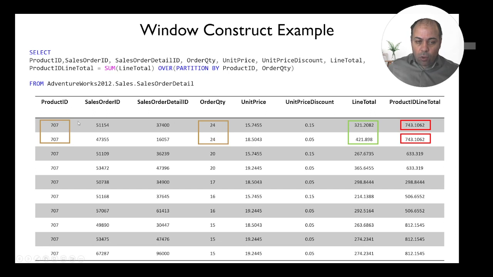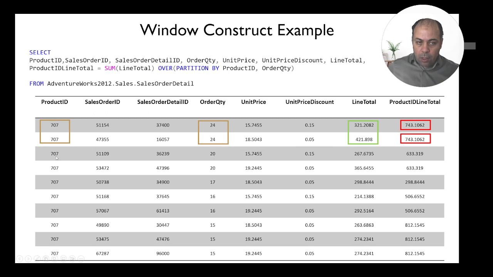So this is called a group. When I use PARTITION BY, that means we need to group the summation of line total based on those columns. As you can see here, the summation for those rows is this value. This value should be saved in this column for two rows, and the same for the second two rows.